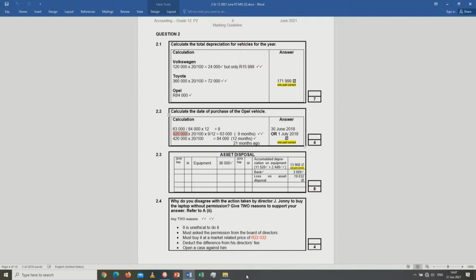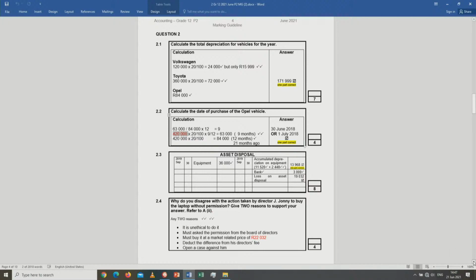Any 2 reasons, 2 times 2. Must buy it at market value or related price of 22,032 Rands. Also, that answer can be in relation to his calculation in asset disposal above, right? Deduct the difference from his director's fees, even open a case against him, because I mean the business is making a loss of 19,032. That's a huge loss for the business, right?